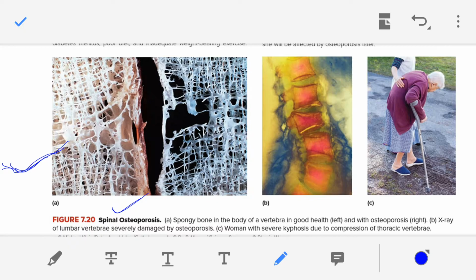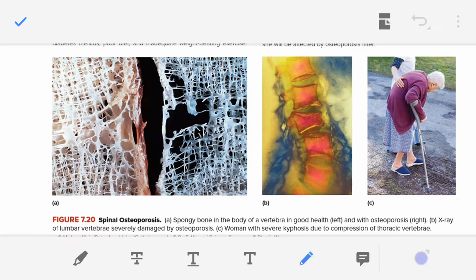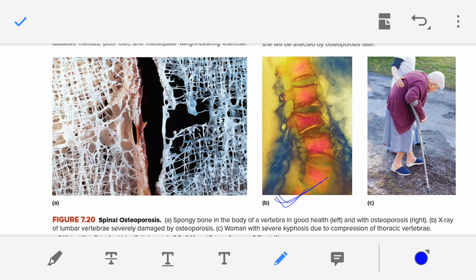In figure A, the spongy bone in the body of a vertebra in good health is shown, and on the right hand side they are showing osteoporosis. Figure B is an X-ray of lumbar vertebra, and as you can see, the lumbar vertebra are severely damaged by osteoporosis. So the spine is deformed.